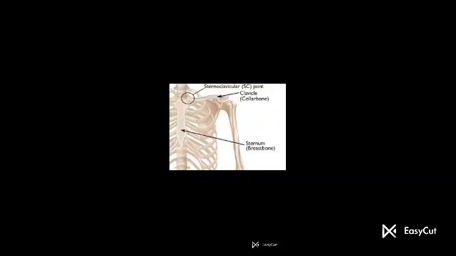So this is how the clavicle is present as the collarbone. This was about the pectoral girdle, in which we have seen that the scapula and clavicle come together to form this girdle which helps in the support of the upper body parts.